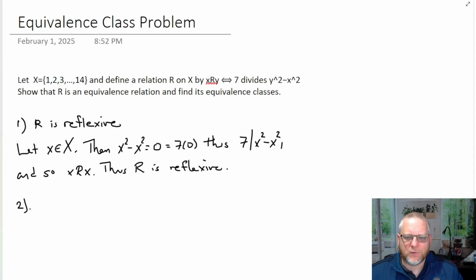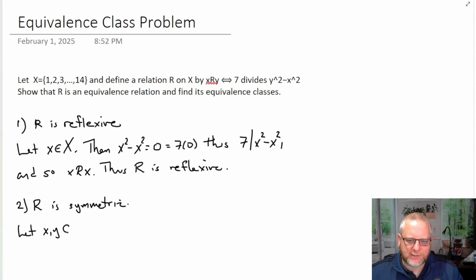Number 2, we need to show R is symmetric. What does it mean to be symmetric? Again, can you remember the definition? The definition is absolutely critical. The definition of being symmetric is that if x is related to y, then y is related to x. So I need 2 variables in my set.